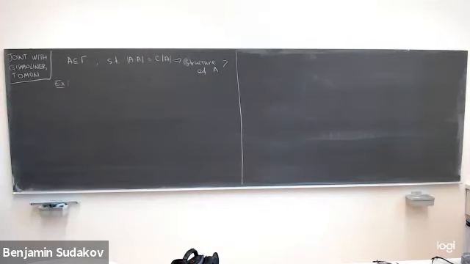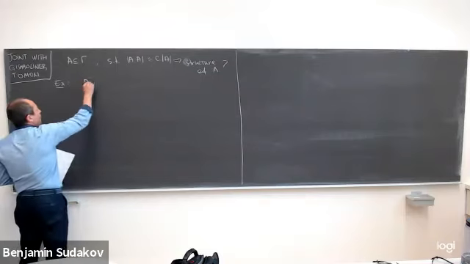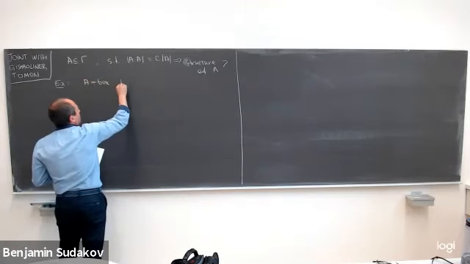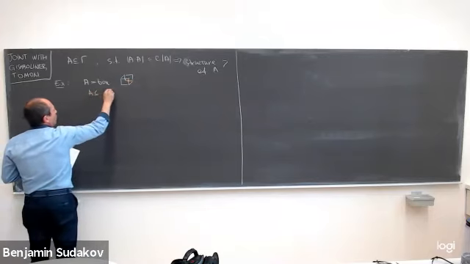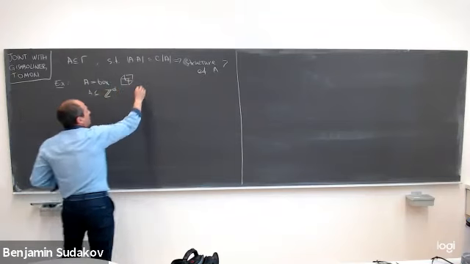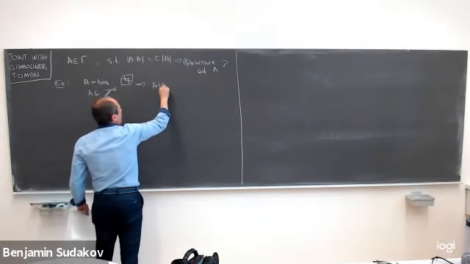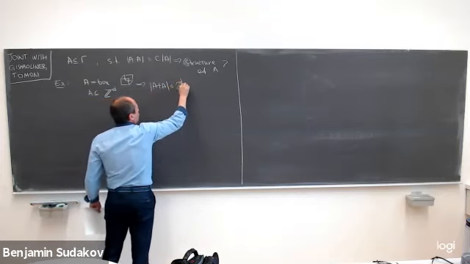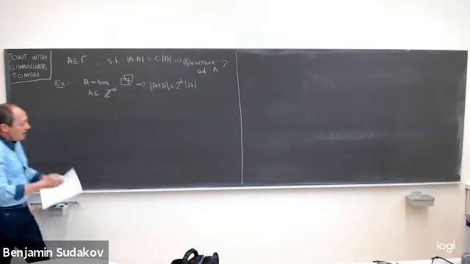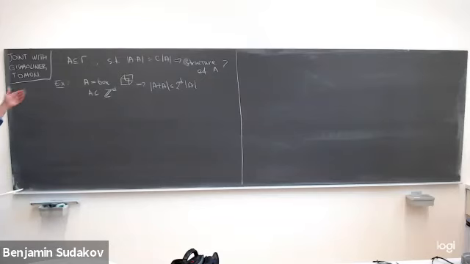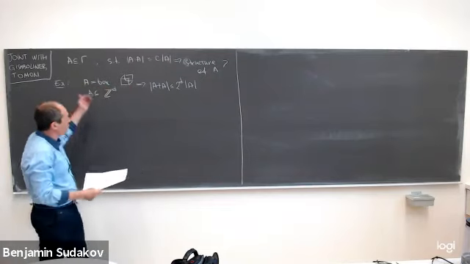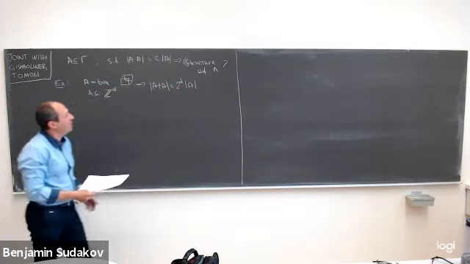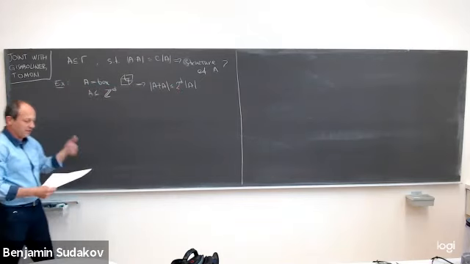For example, if your group is abelian, let's say the integers, then you observe that if A is a box in some finite small number of dimensions, Z to the d, then A plus A is at most 2 to the d times the size of A. Then you might guess that any set of integers with small doubling looks in some sense like a box, and this is indeed true.